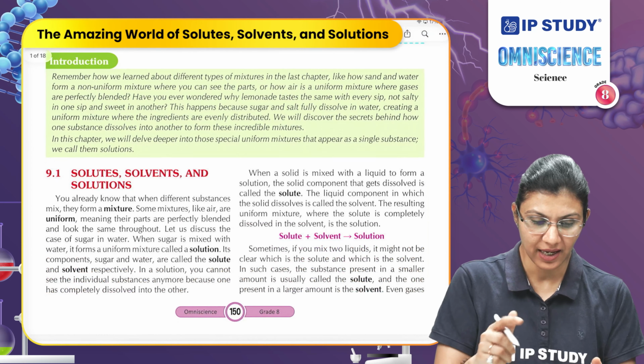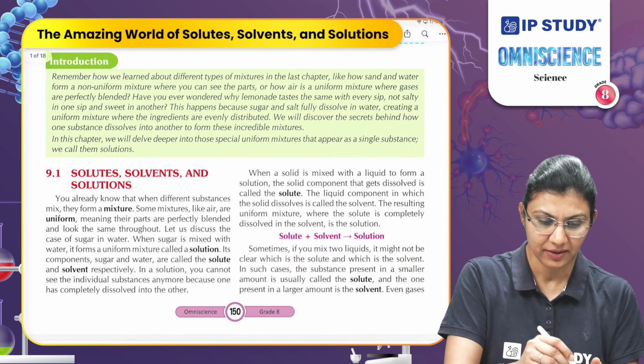So let's understand the terms solutes, solvents and solutions. A solute is a substance which is being dissolved in another substance. Like in case of dissolving sugar in water, the sugar is solute.